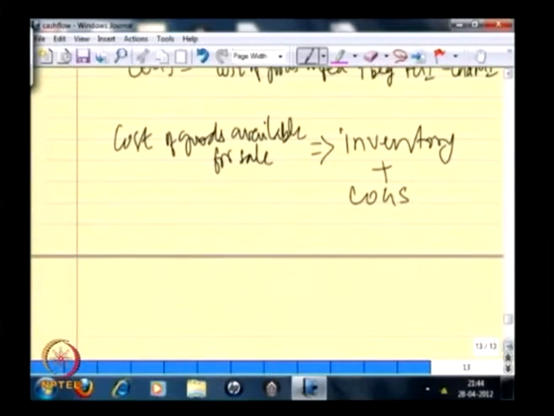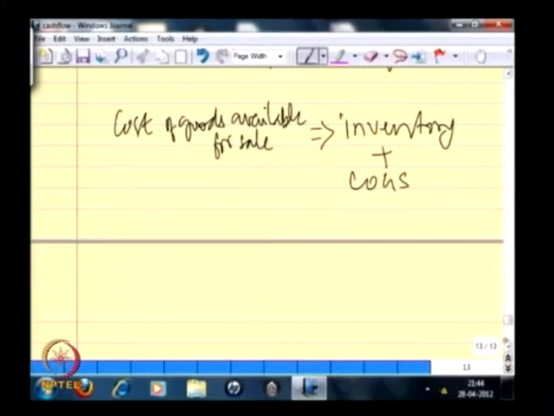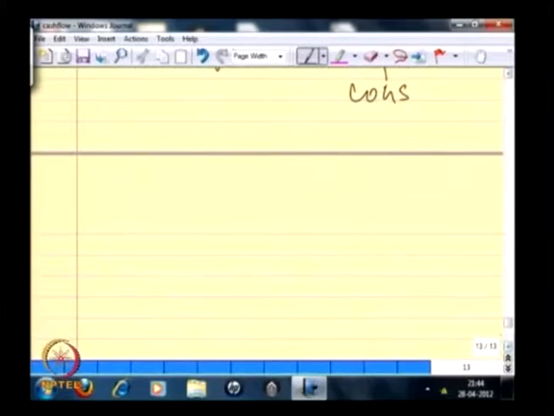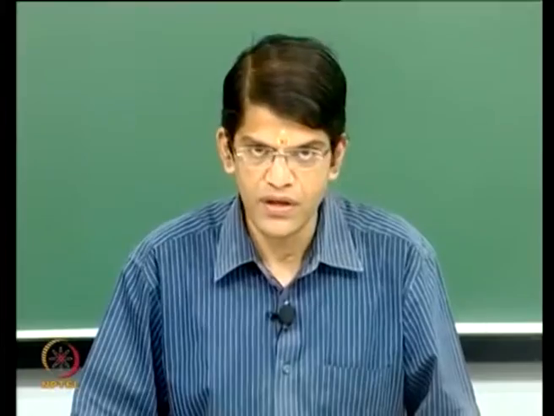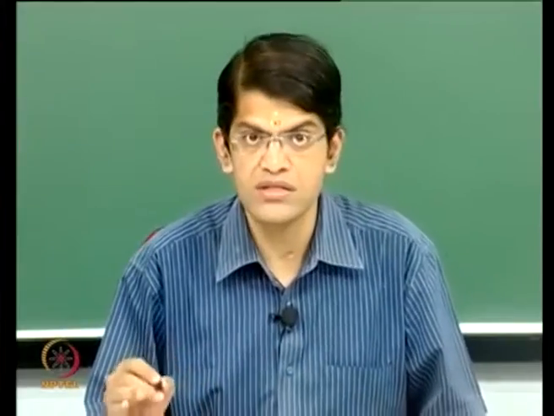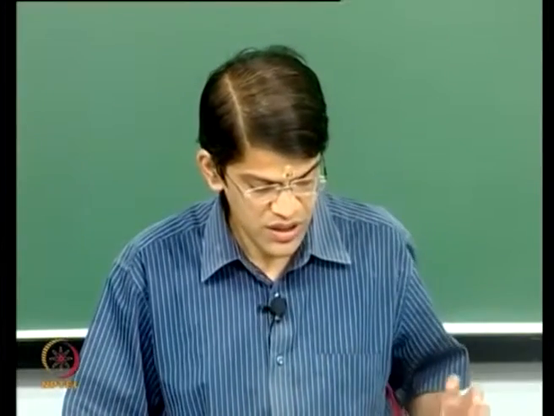Now, the relevant question is, what is the value of the inventory, what is the value of the cost of goods sold? Why is this relevant? Because the cost of acquiring this inventory changed during this accounting period, and so there has to be some fair principle that captures this change. There are four ways that I will explain to the class how this particular cost of goods sold is being captured.